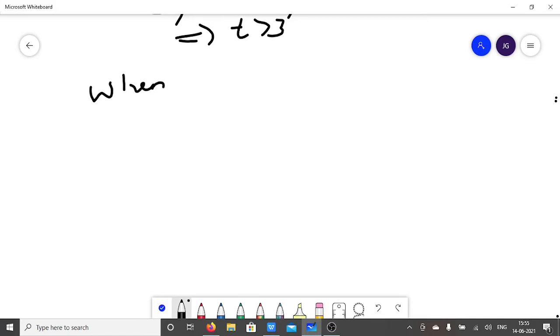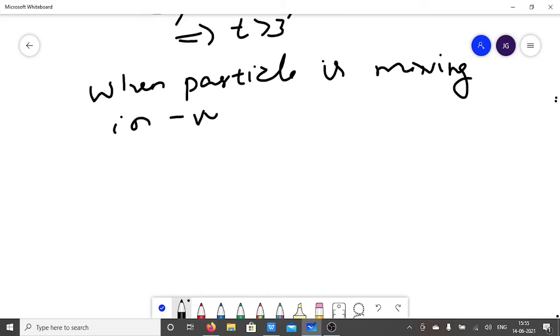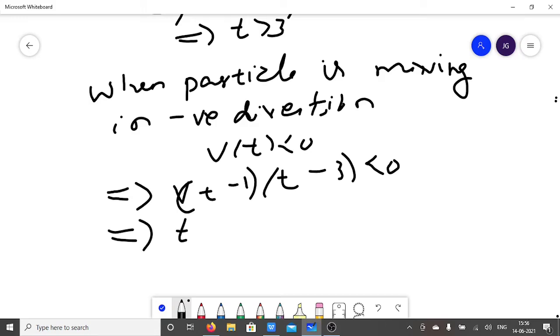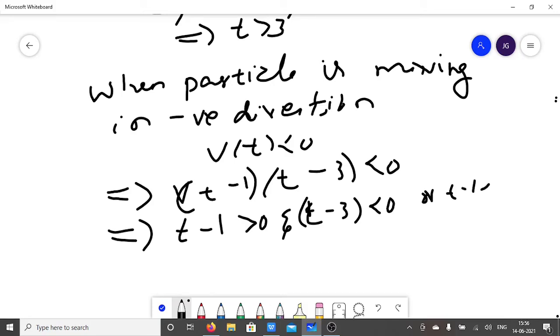Now check whether it is moving in negative direction. When particle is moving in negative direction, v of t is less than 0, that is when t minus 1 into t minus 3 is less than 0, which implies either t minus 1 is greater than 0 and t minus 3 is less than 0, or t minus 1 less than 0 and t minus 3 greater than 0.